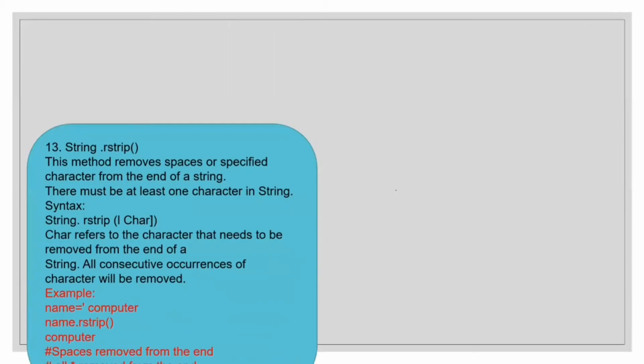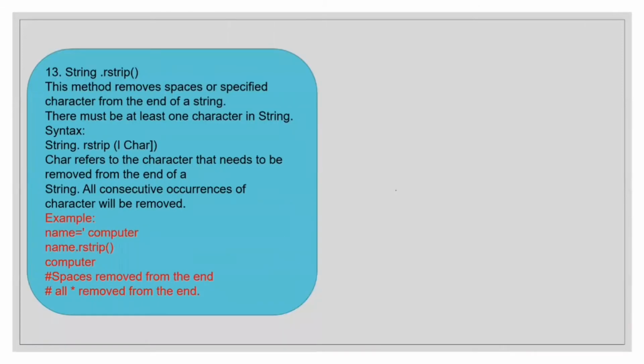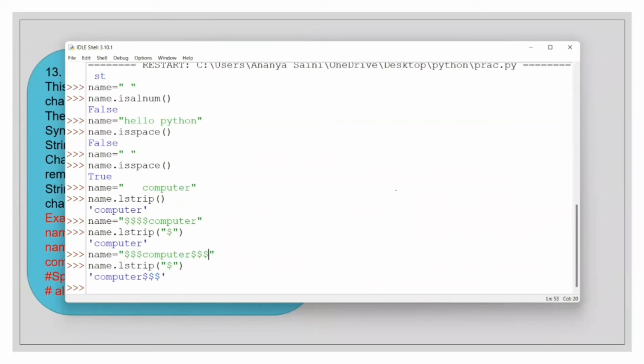Then we have another method, rstrip. What does this do? It removes from the ending of the string. lstrip was removing from the beginning, and rstrip is removing from the end.